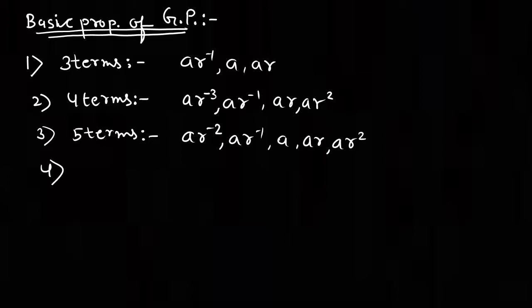Now another important property that was not in AP, this is for GP, that is if there are n numbers in any GP like A1, A2, A3 and so on, and you have to find the kth term in this series from the end, not from the start.